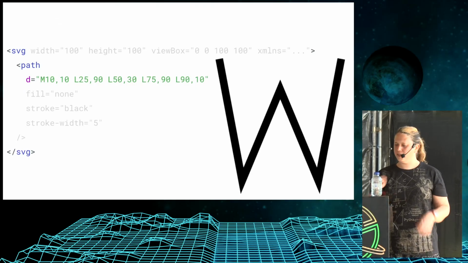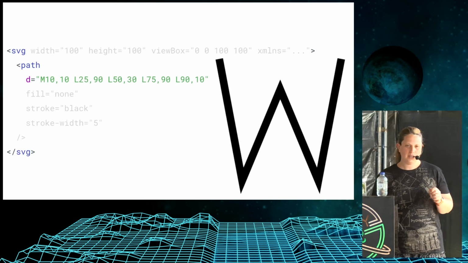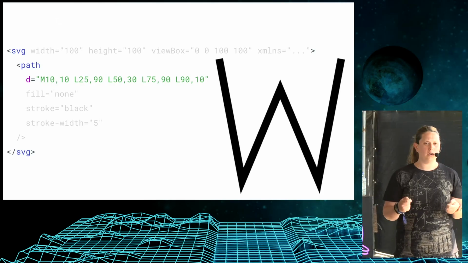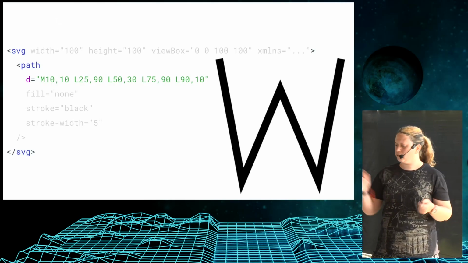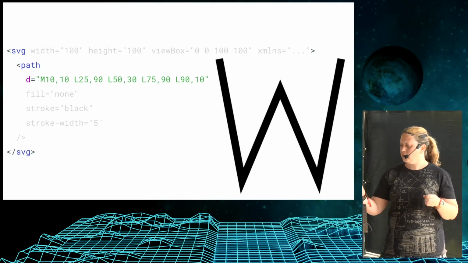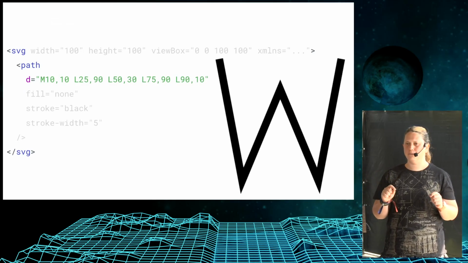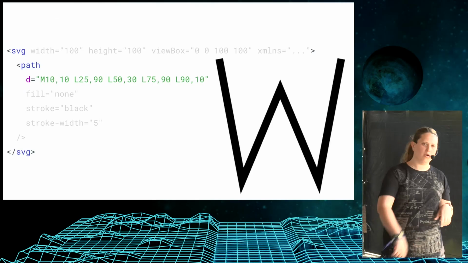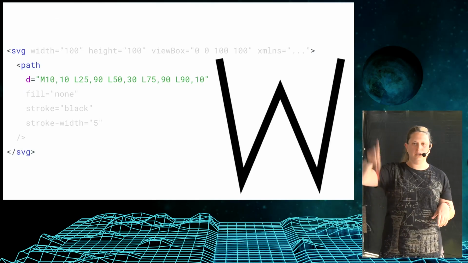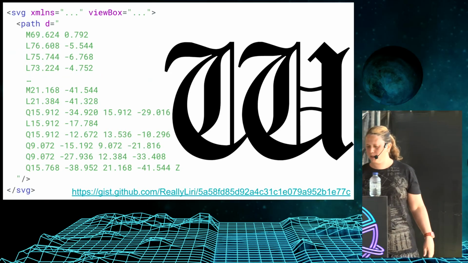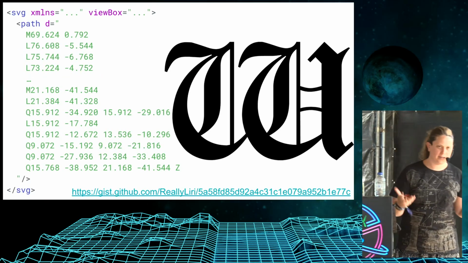What we see here is a list of instructions that tell the rendering engine what it needs to do in order to display this W. In this case, it's not too intuitive, but if you take a deeper look, you will see that it's quite simple. We're drawing a line that goes from here to here to here to here, and we're drawing a W. Very simple. But of course, we want to show you complicated stuff, right?